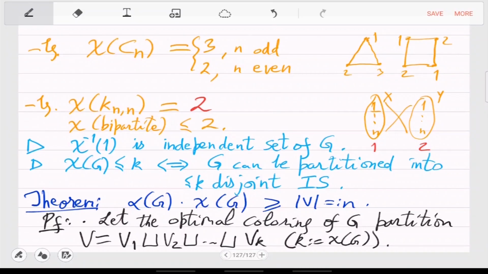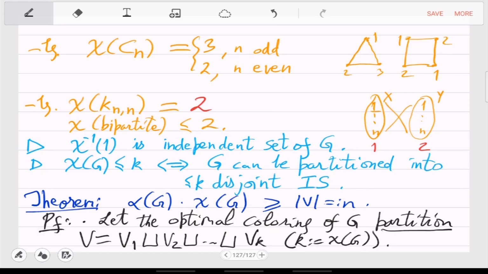These Vi are vertex subsets on which you get independent sets, and obviously they are disjoint. That's the partition, and they are k many depending on the k colors.